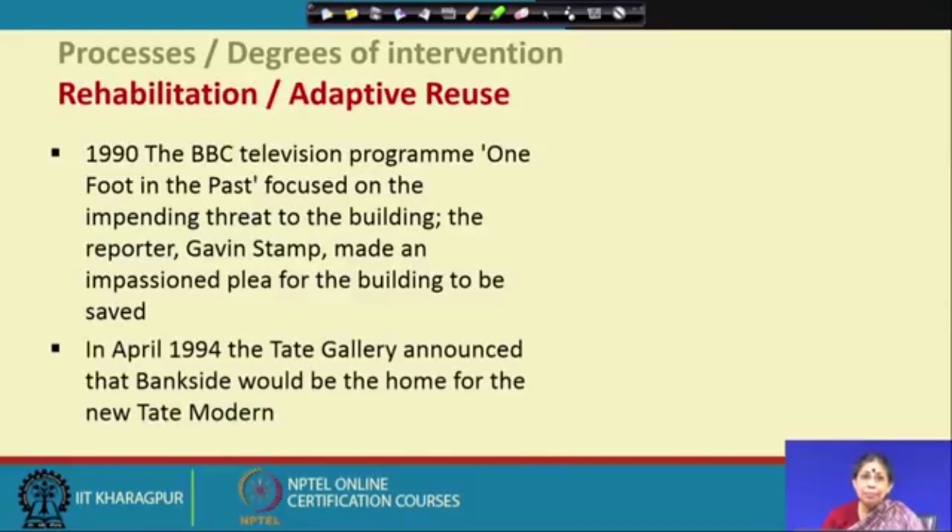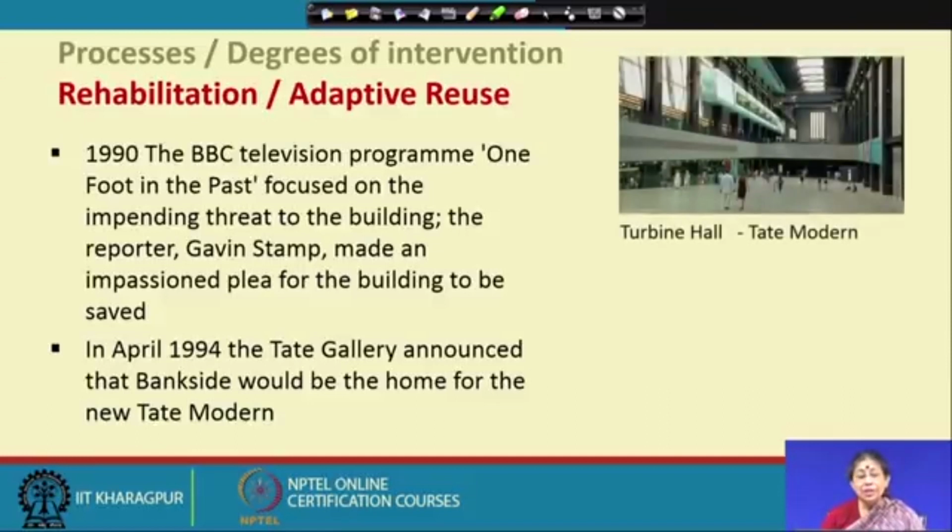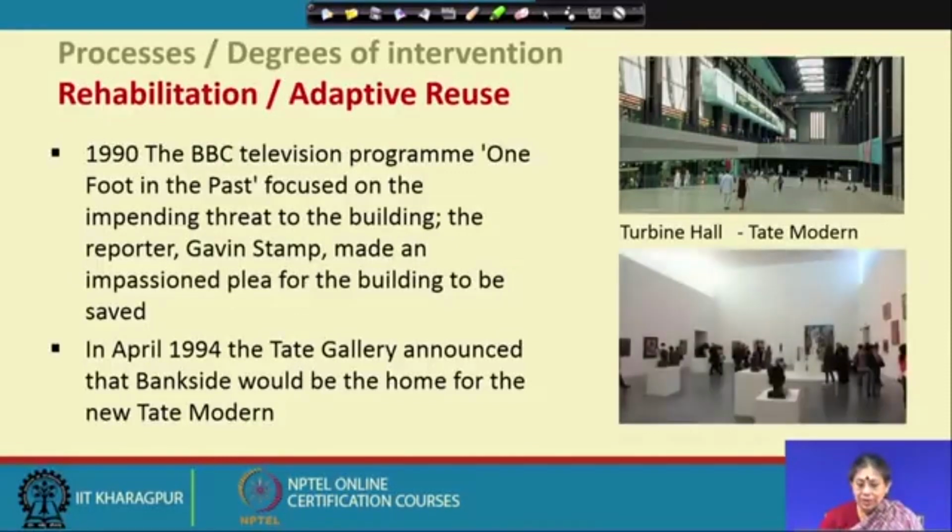In April 1994, the Tate Gallery announced that the Bankside would be the home for the new Tate Modern. See what a contrast: a factory, a power generating unit, now used for artistic endeavor. And what is happening now? It's a turbine hall, a huge gallery space where the Tate Modern visitors come, and this is some of the inside gallery space, and millions of tourists come to this place.